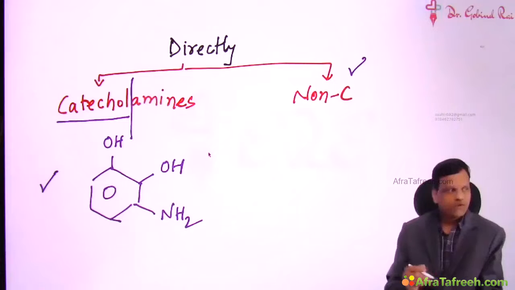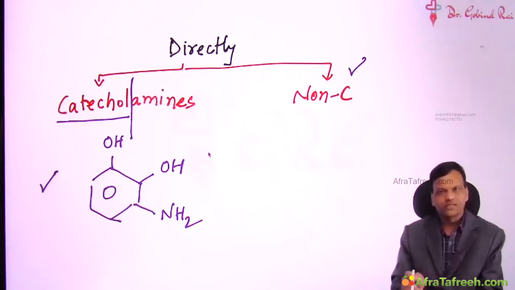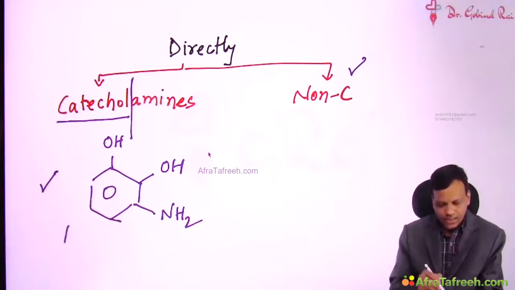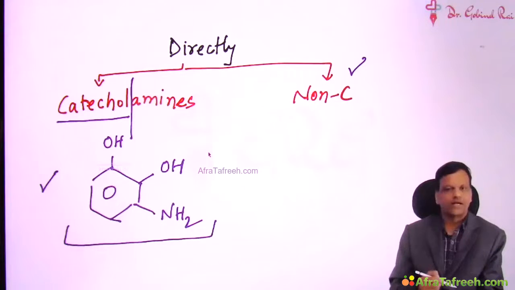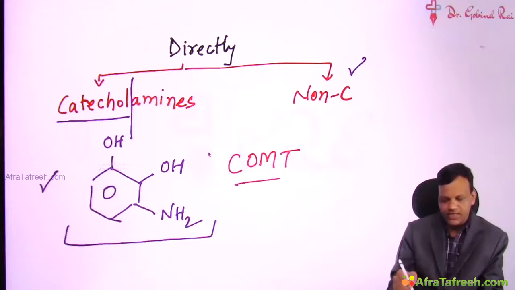We have already discussed so many drugs, but we never talked about the chemical structure. But here we are dividing the drugs based on the chemical structure. So there must be something important. And the important thing is that this chemical structure of catecholamine can be recognized by some enzymes in the body. The name of those enzymes is COMT, catechol orthomethyl transferase.